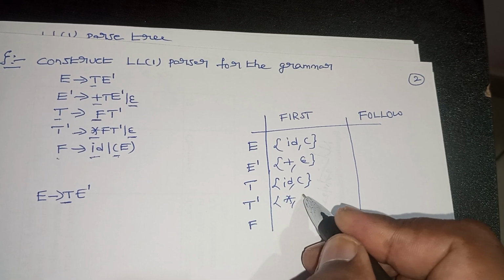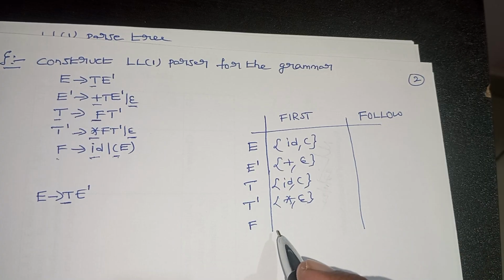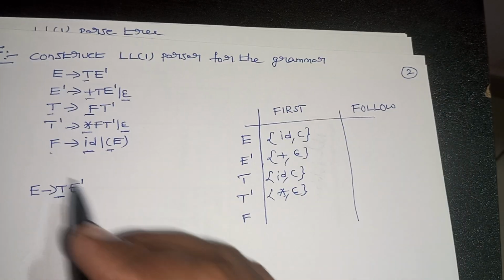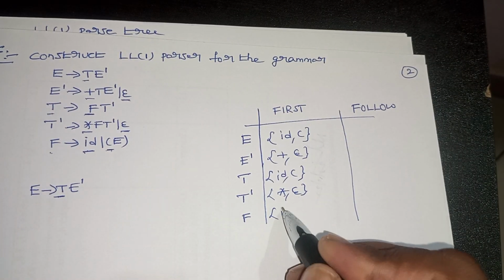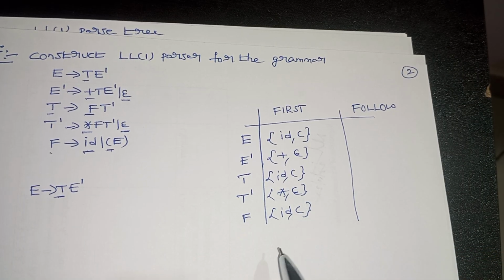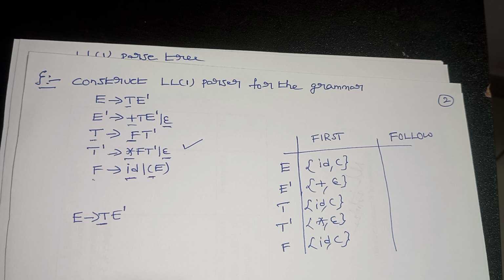You write star and then epsilon in the first of T'. Now what is the first of F? One is id, one more is the left parenthesis. You write in the output id comma left parenthesis. So this is about the first of this grammar. What is this grammar? This is a context free grammar, you have to make a note.